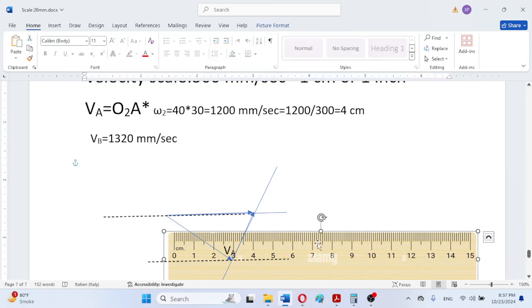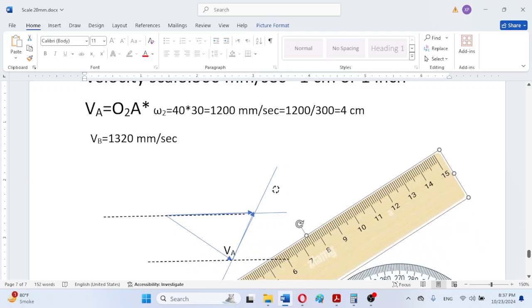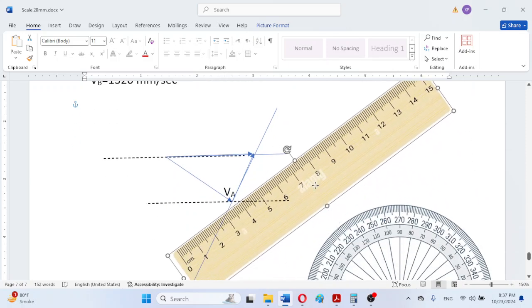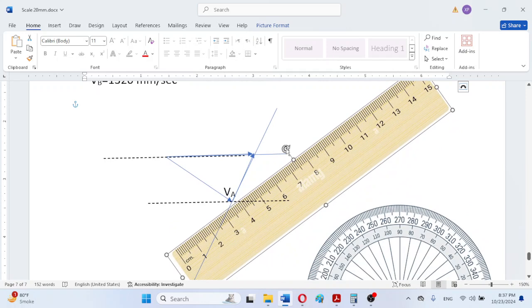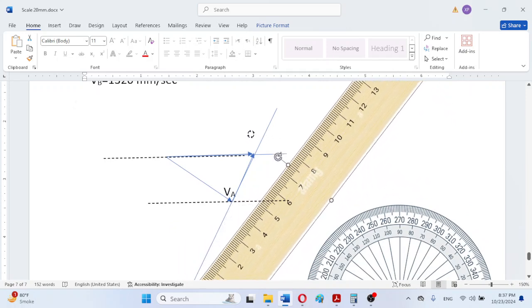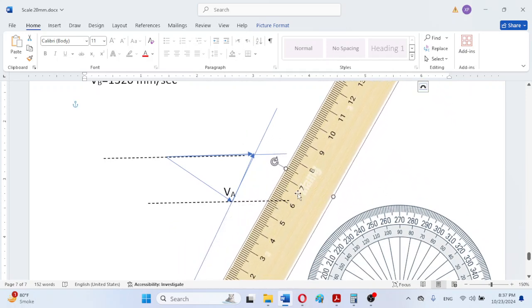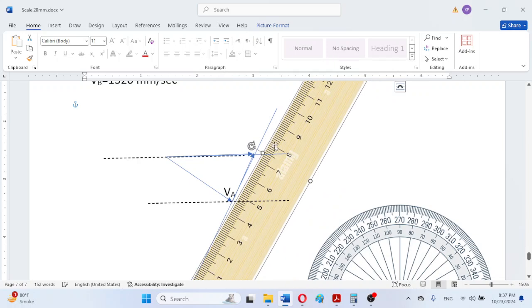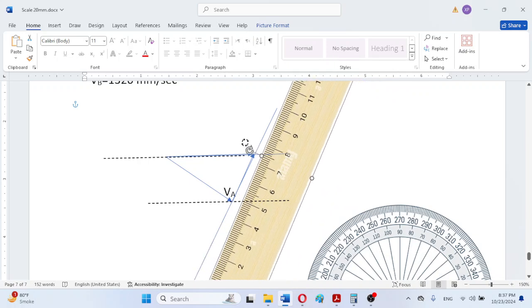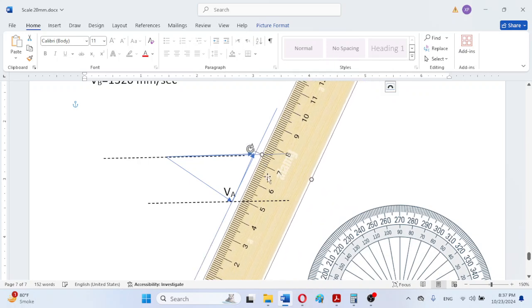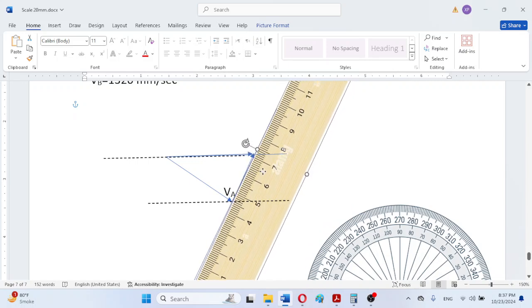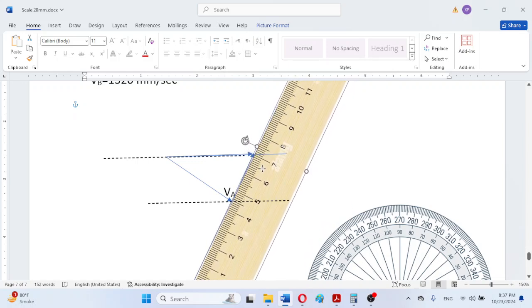Now we can measure the length of this velocity vector VBA. So we can move parallel to this, and from any location, for example, we can start from the 7 mark.